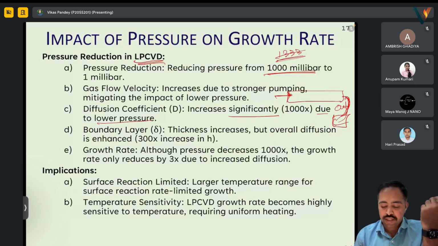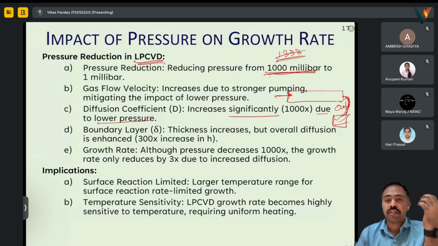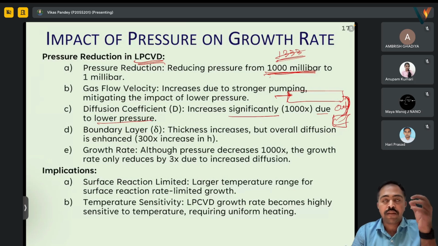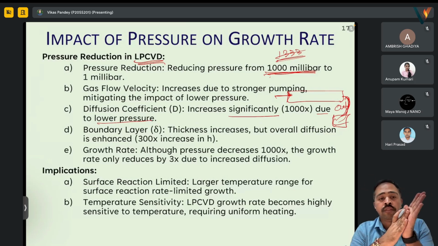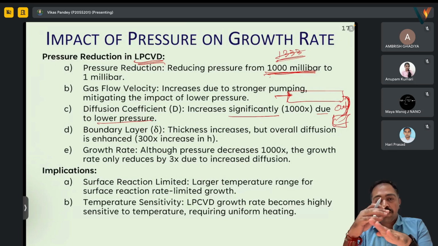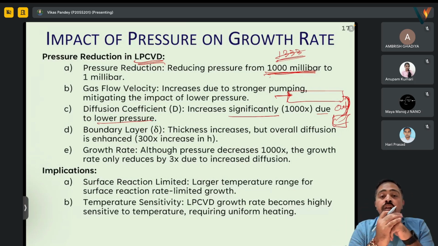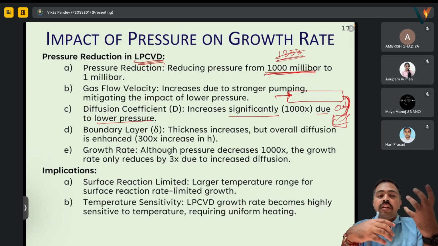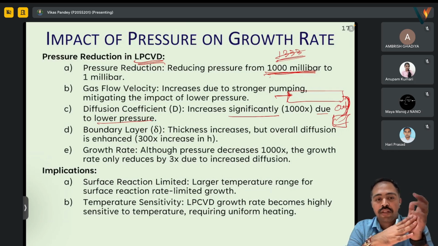We are reducing this pressure by 1000 times, so that will increase by 1000 times. The boundary layer thickness, delta, the whole part that it has to cover, will increase, but overall diffusion is enhanced. D is enhanced, so even if the boundary thickness is increasing, there will be an overall increase of say 3x.